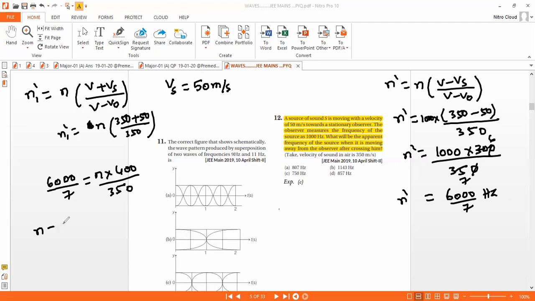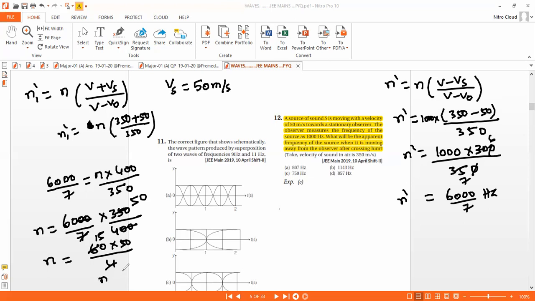N is equal to 6000 by 7 multiplied by 350 by 400. Two zeros cancel. Seven fifties are 350. N is equal to 60 into 50 by 4. That is 15 times 50. So N is equal to 750.